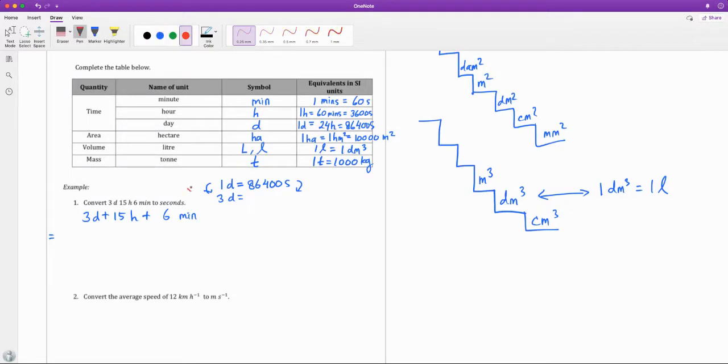We multiply by 3. Calculator. So 259,200 seconds.